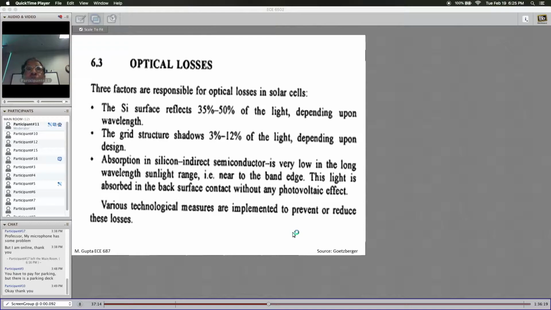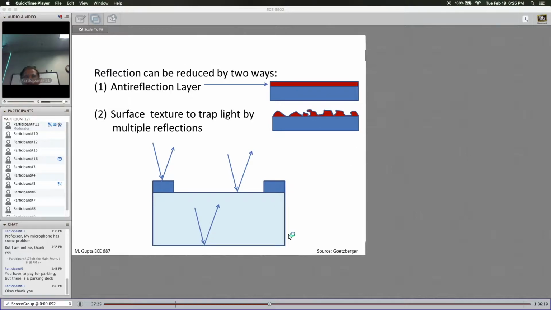So first, your experience of really about solar cell fabrication. So reflection, we will discuss how to calculate the reflection. The other thing we learn is how do we reduce the reflection. And there are two ways to reduce the reflection. One is just like a regular anti-reflection coating.